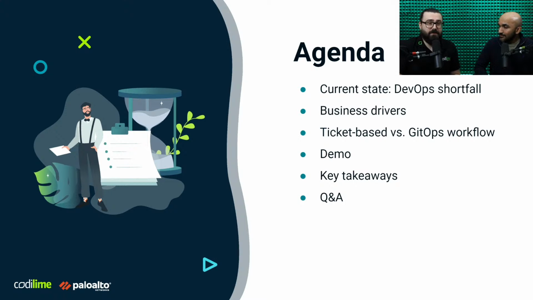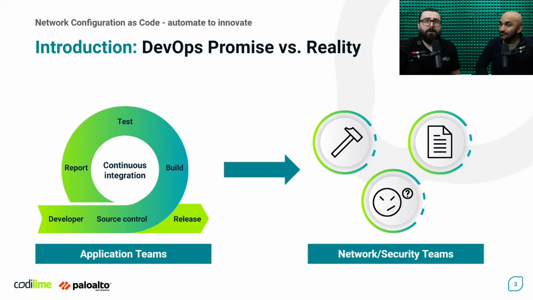The main dish for our webinar will be the demo, where we will try to show you how everything works that we explain a little bit. We'll end with the key takeaways and Q&A session. If you have any question, please leave it in the chat. We will answer it at the end of the webinar.